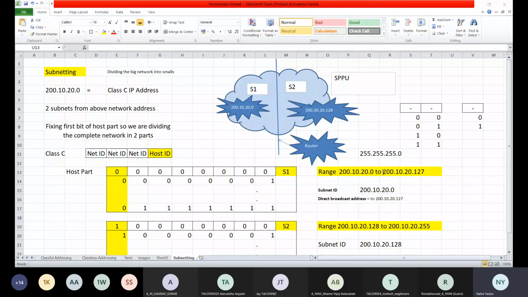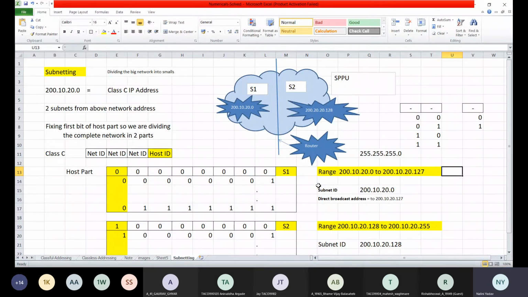Now what we need to do is find the subnet mask for the internal networks. Those internal network subnet masks will be found by keeping the host bits as 0 or 1. That is going to give me the subnet mask for those internal subnets. So this is how we are done with subnetting.